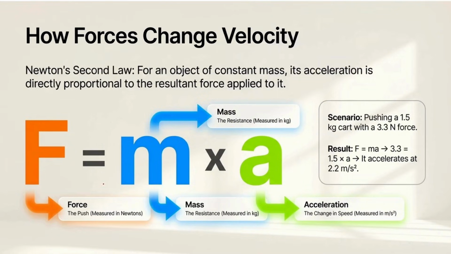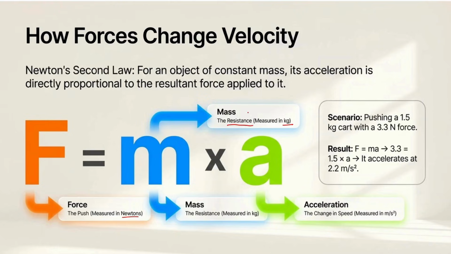So here I write the formula for force. Let us identify the variables one by one. Force, the push, is measured in newtons, as I said earlier. The mass is measured in kilograms; the SI unit of mass is the kilogram.